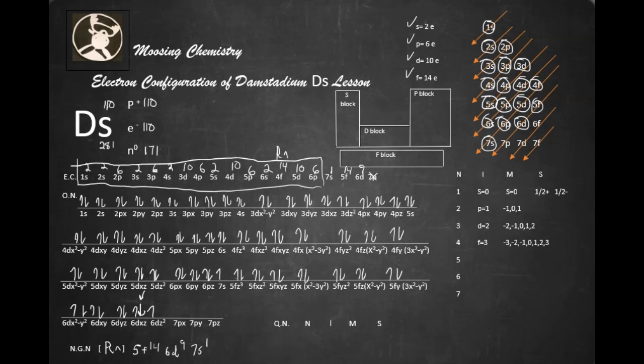And our quantum notation. This is where it's going to get a little interesting here. It looks like it's in period 7, but remember it's n minus 1 because it's in the d block. So it'd be 7 minus 1, which would give me 6. So our n value is 6. It's in the d block, so l has a value of 2. The m value is 1.